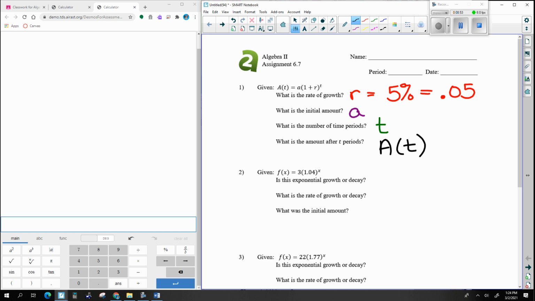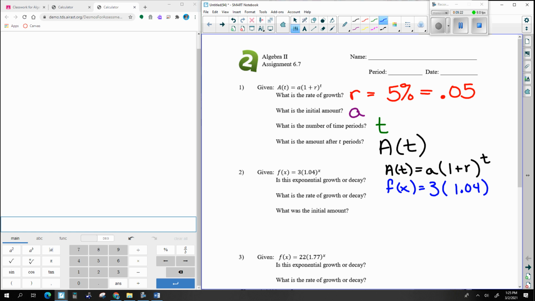Comparing this number 2 to this original equation. This equation says f of x, which is our A of t, 3 times 1.04 to the x.